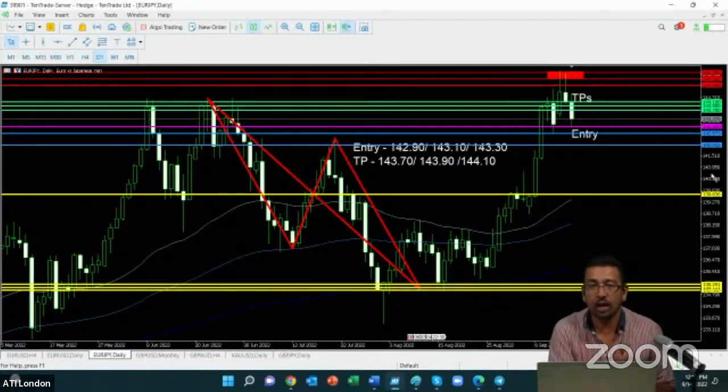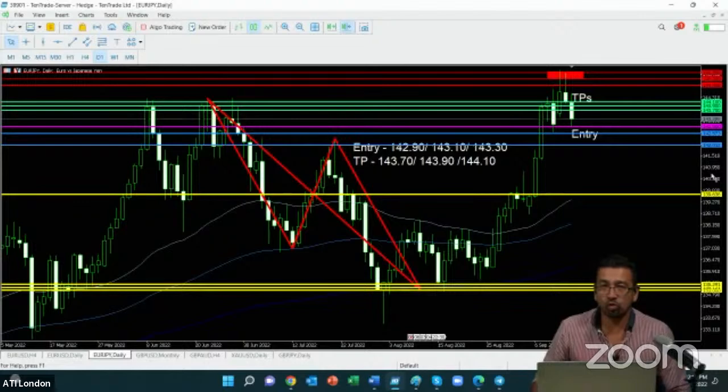Your one single entry is either at 142.90 or 142.70, but then you've got two exits. Your TP number one is 142.60, and your TP2 is 142.10. Okay, is that clear?